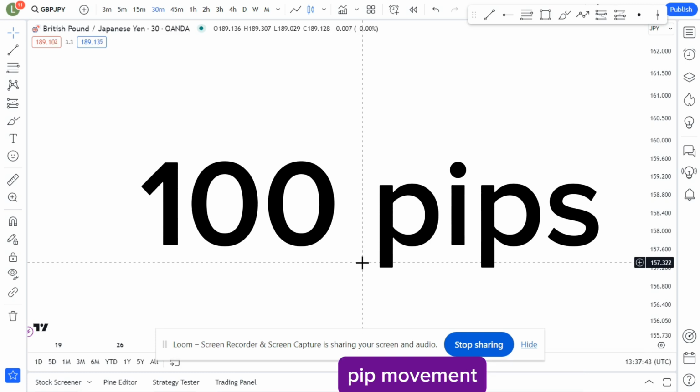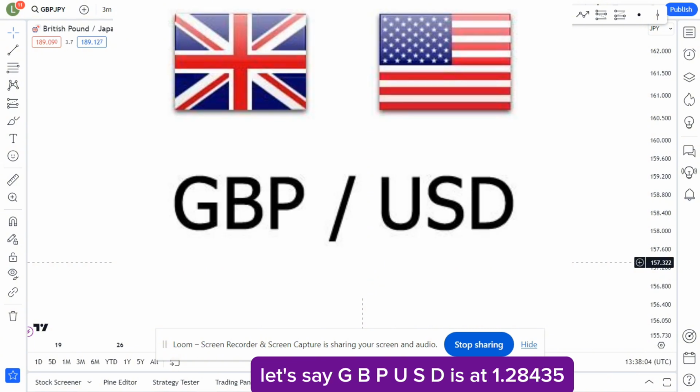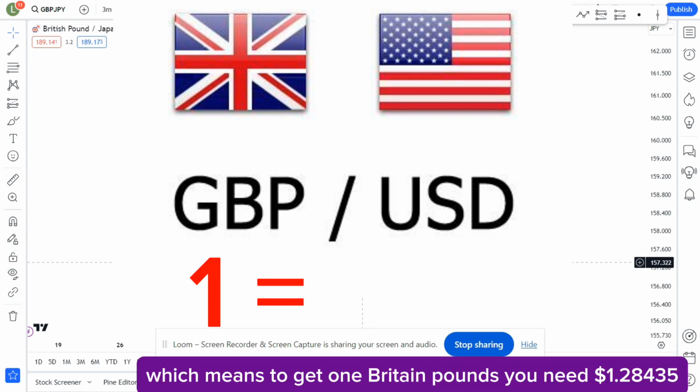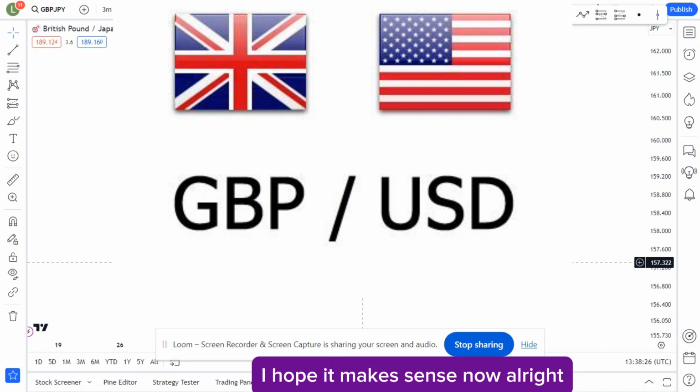That's a 100 pip movement. All right. To explain this further, let's say GBP USD is at 1.28435, which means to get 1 British pound, you need 1.28435 US dollars. I hope it makes sense now.